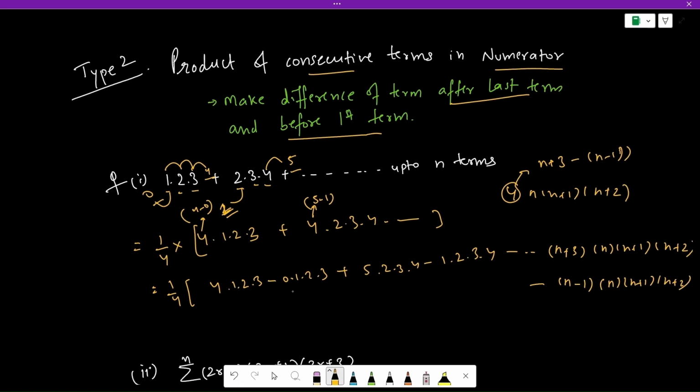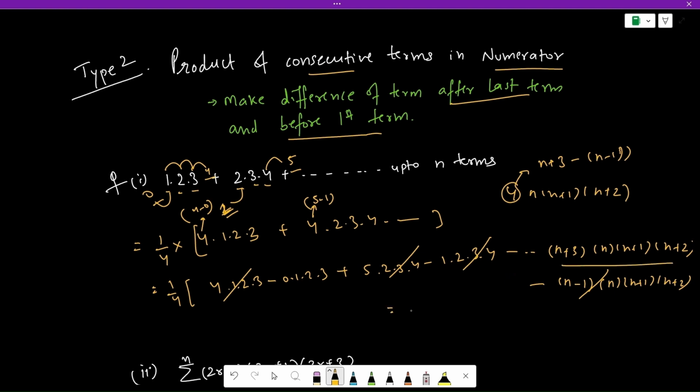Now again, as you can see, we can cancel the terms. That is, the first term cancels with the second term of the other part. So similarly we cancel all of them out, and finally what remains is this value.